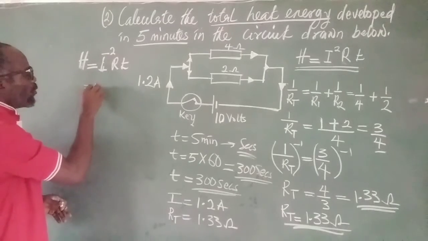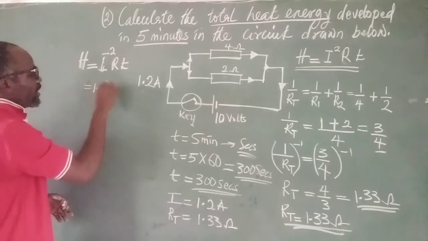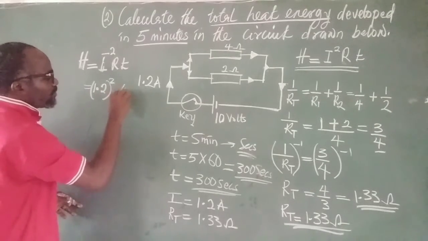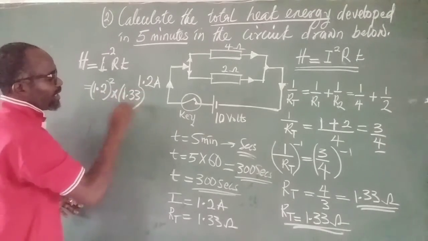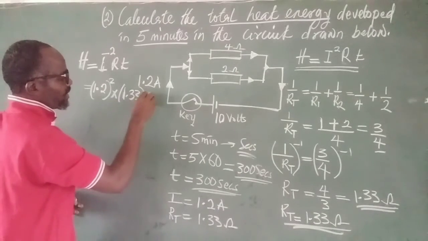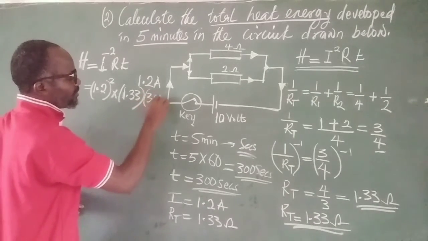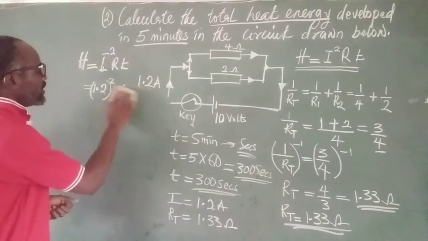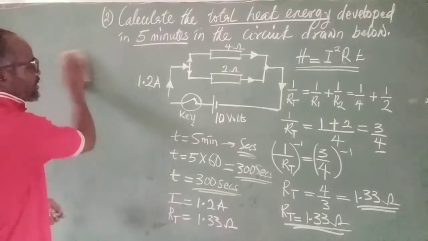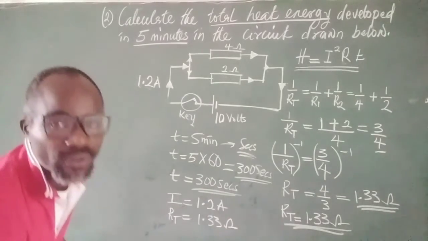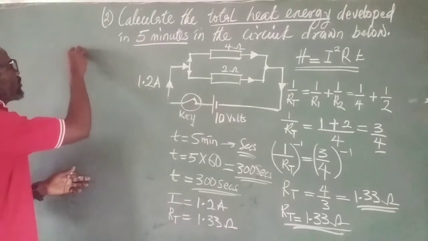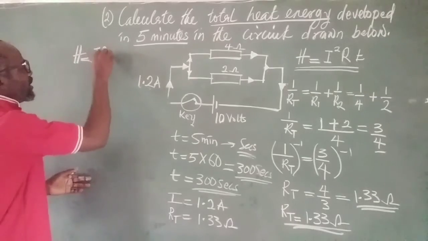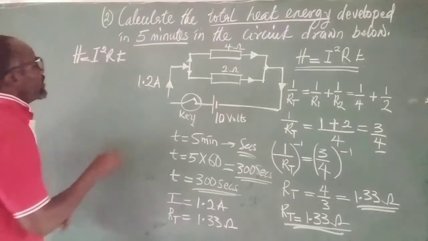For I, we have 1.2 squared. For R, we have 1.33, and for T, we have 300 seconds. Let's rewrite this for clarity, it's too squeezed up. Now we're going to use this relation to find the amount of heat generated in this circuit.